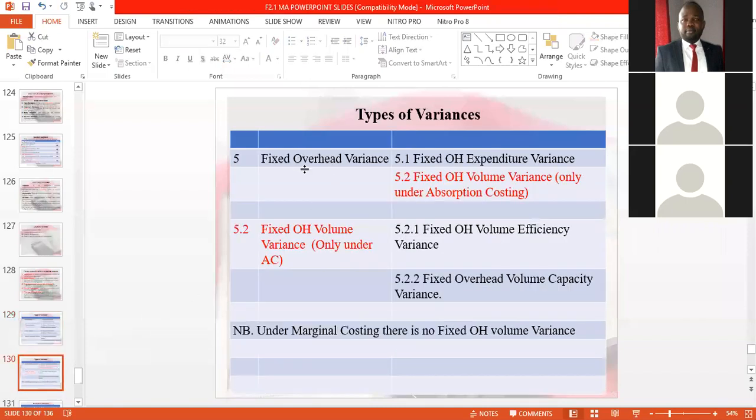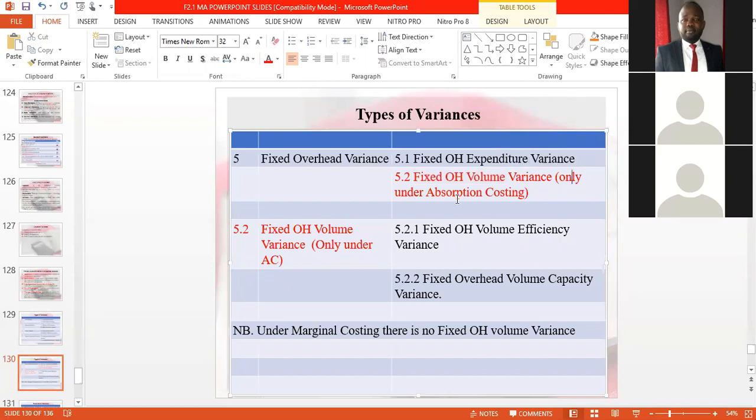Next, there is fixed overhead variance, which is of two types: fixed overhead expenditure variance and fixed overhead volume variance. Volume variance only exists under absorption costing. Under marginal costing, there is no fixed overhead volume variance.